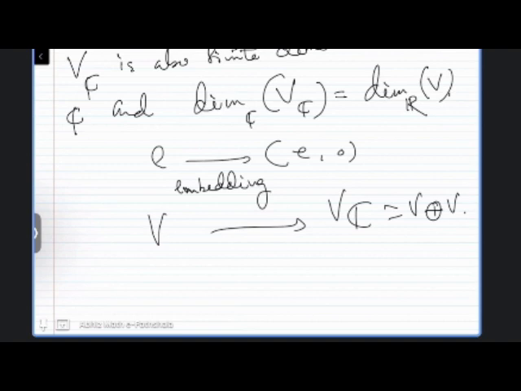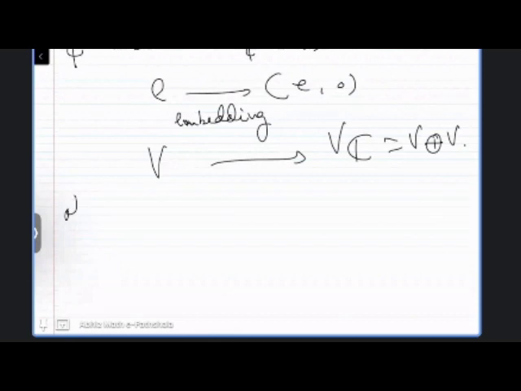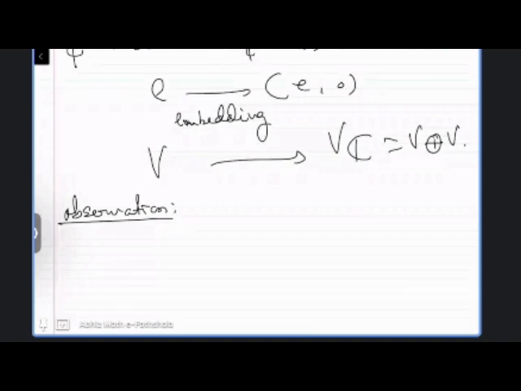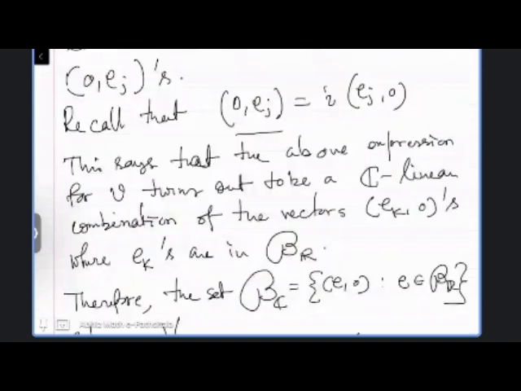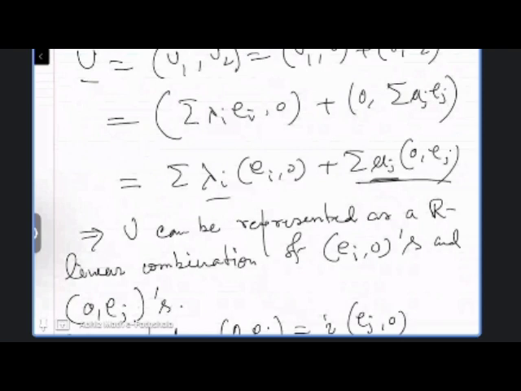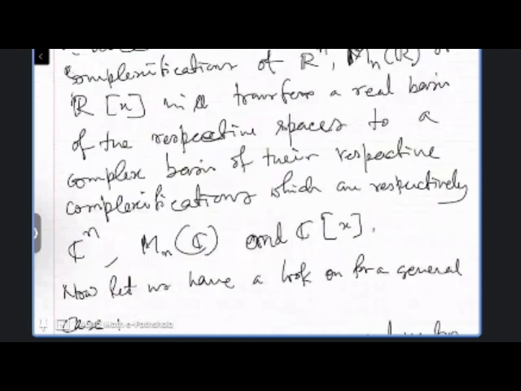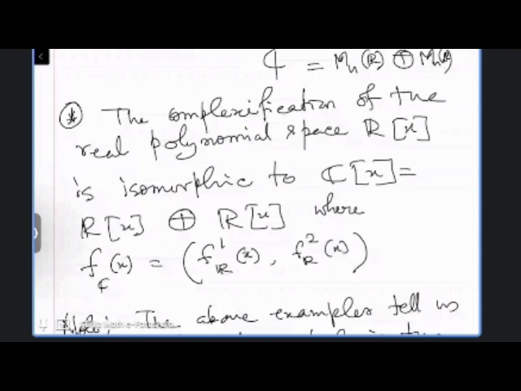Okay. Now one thing that you might get interested in, it should be observed that we have already seen that the complexification of the real vector space R was the complex vector space C. I have proved it.